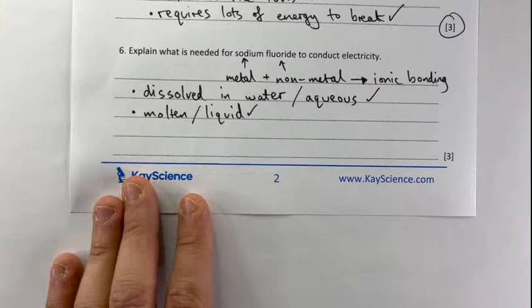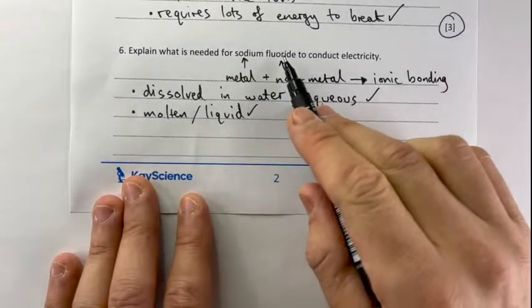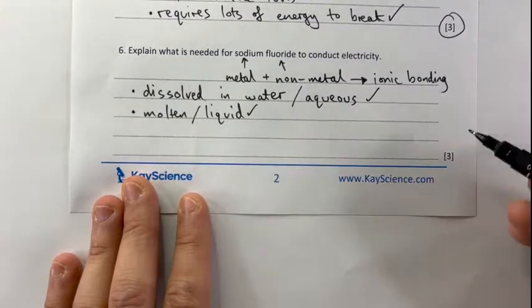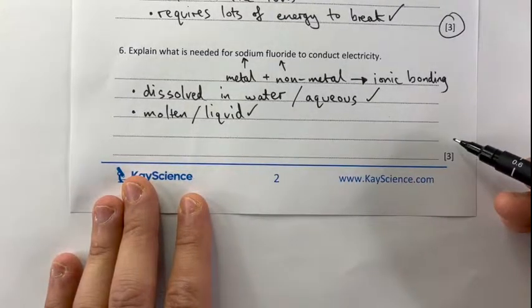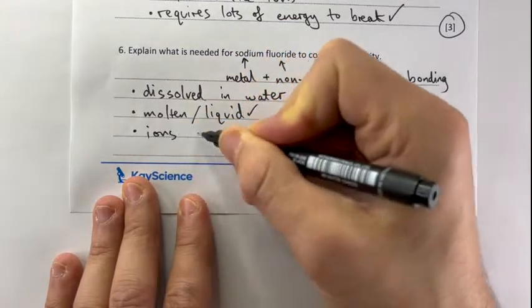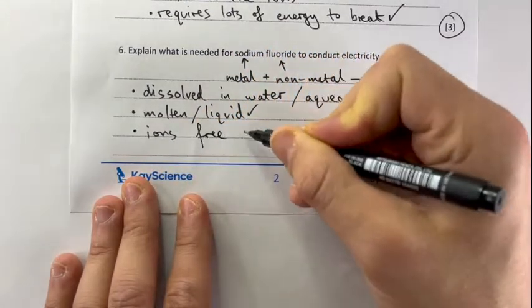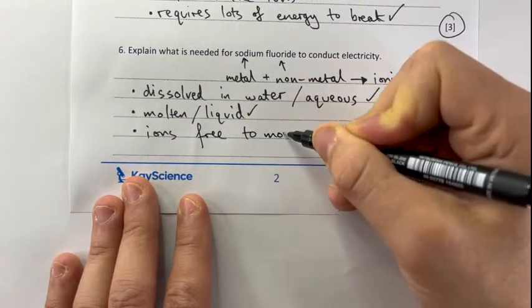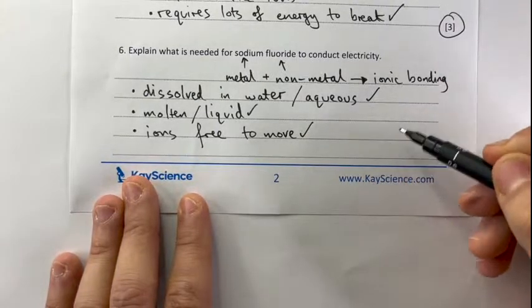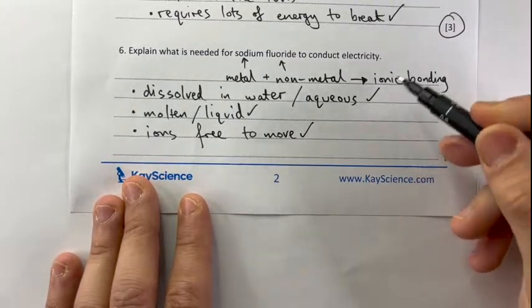And lastly, if this sodium fluoride compound is either dissolved in water or molten or liquid, you would have got 2 marks by now. To get the 3rd mark, this makes the ions free to move. Tick, 3rd mark, that is it. Okay, I'm not going to go into the science behind it and drawing diagrams.